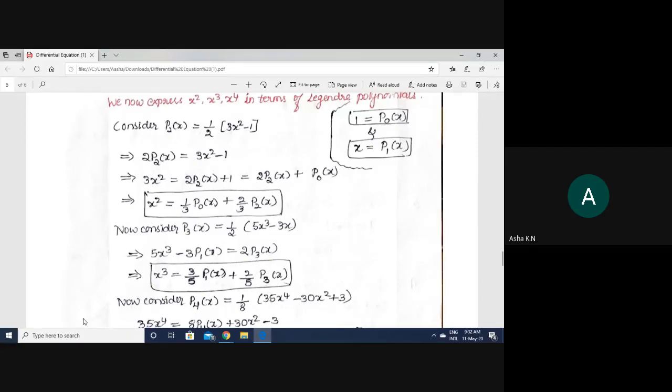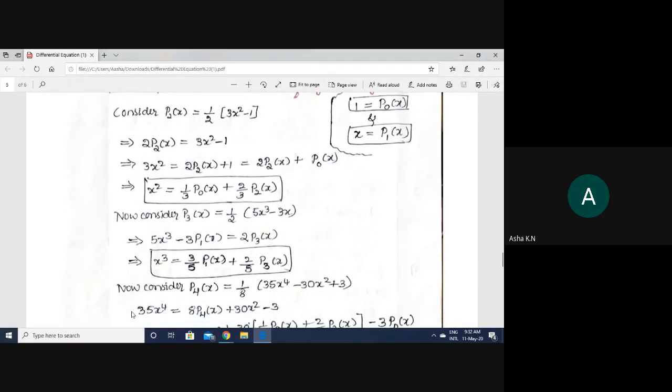Now P4 of x. The P4 expression is this. We did it by taking that (a plus b) whole power 4 expansion, and we got this answer. Now we need x power 4. So 8 into P4 of x, then this minus 30 x square and plus 3 you take to the other side. Then cross multiply.